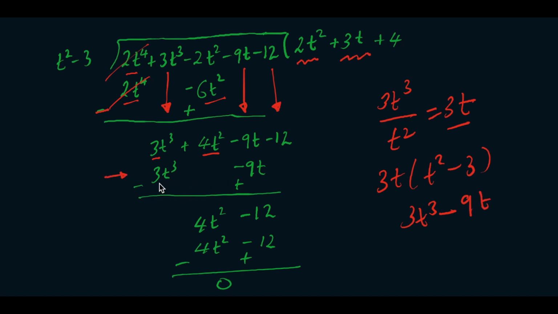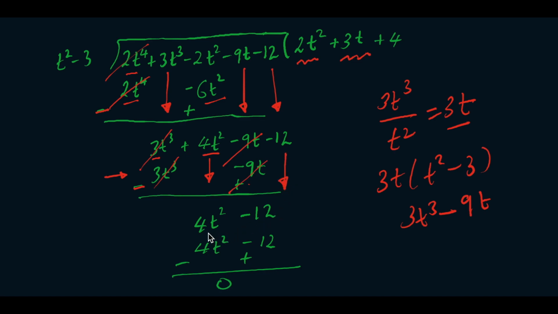So we get 3t cube minus 9t. Here this is a plus sign, so we write a minus sign. This 3t cube will cancel out. We don't have any power of t square, so this 4t square will directly come down. Here this is a minus, so this will become plus. Minus 9t plus 9t cancels out. This 12 will directly come down.